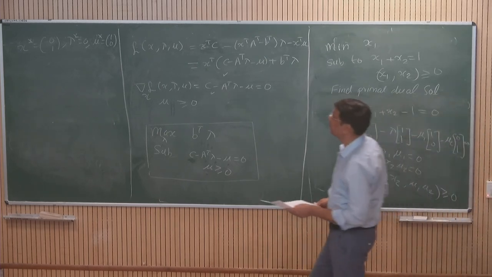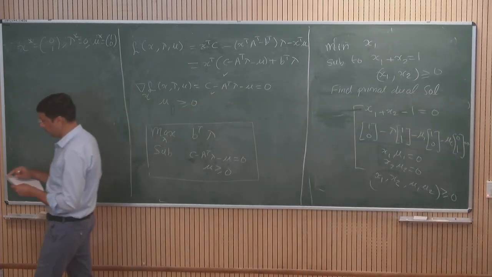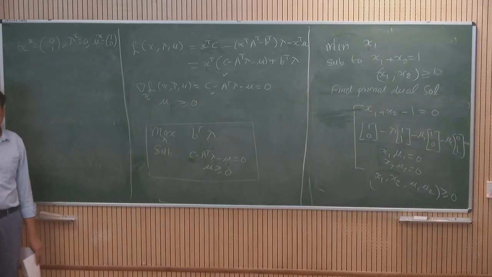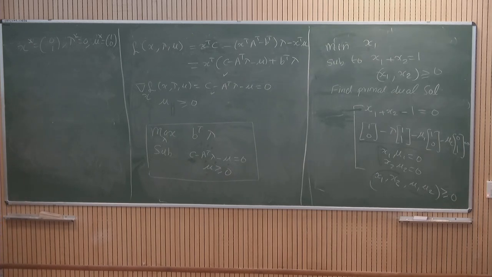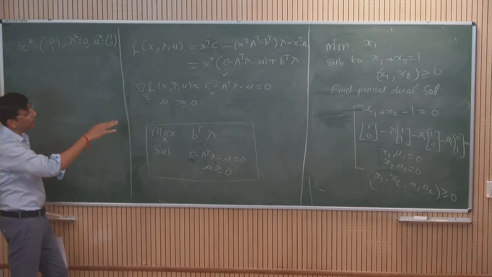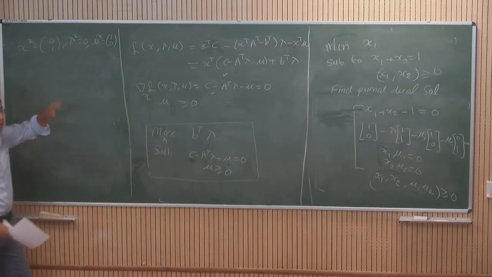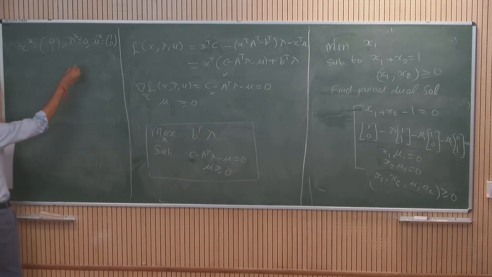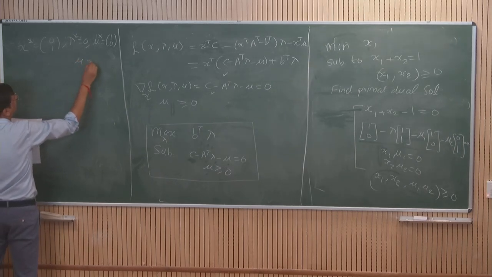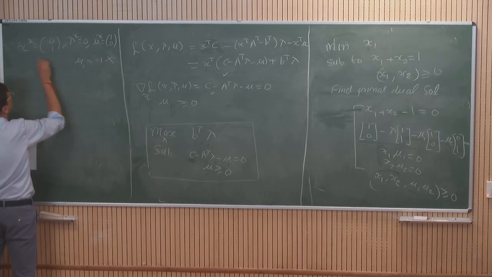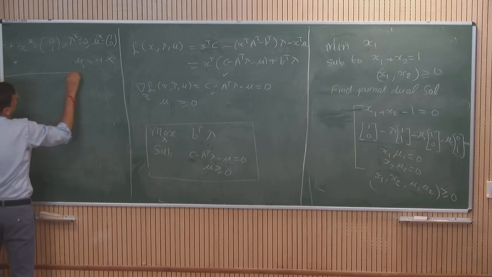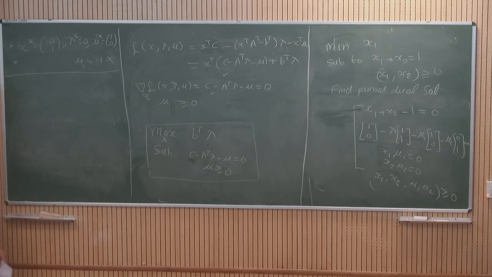You will get another solution where one of the mu's will be negative. Did anybody solve it? Yes or no? Anyway, this is referred to as a primal dual solution because lambdas and mu's are also there. Nothing fancy about it. There will be another solution where mu1 will be minus 1, so that solution will not be valid. So we are only looking at this.